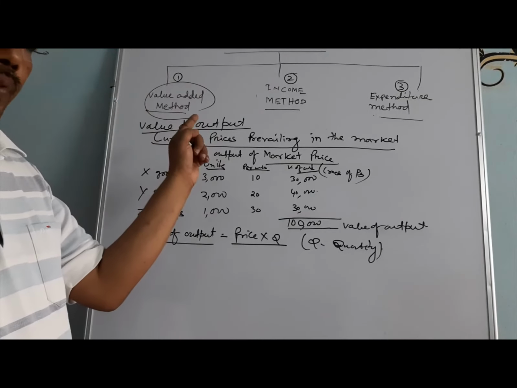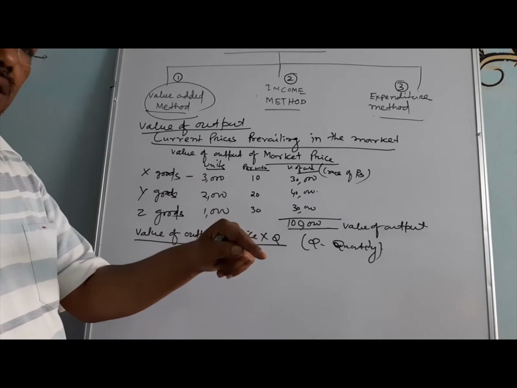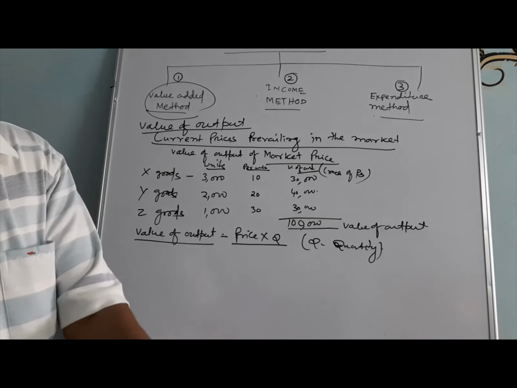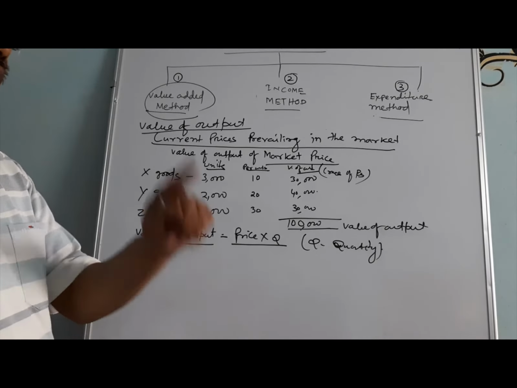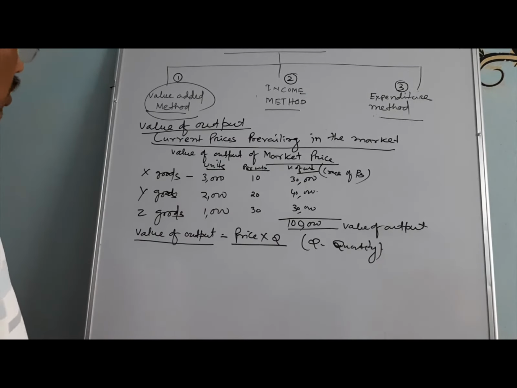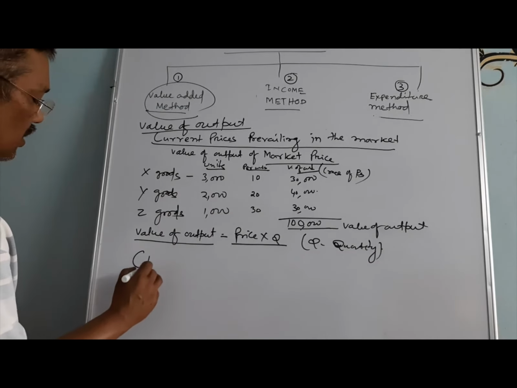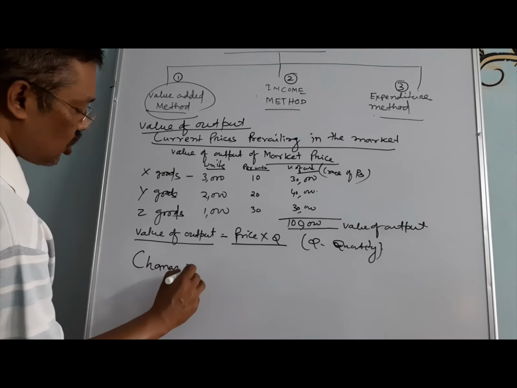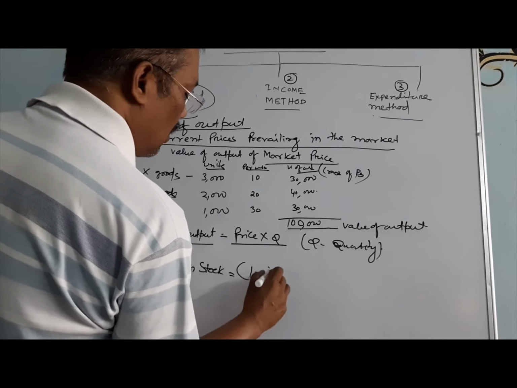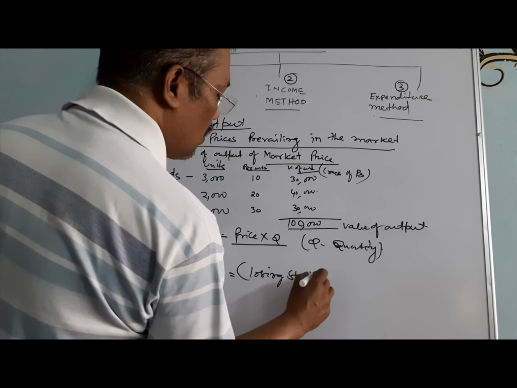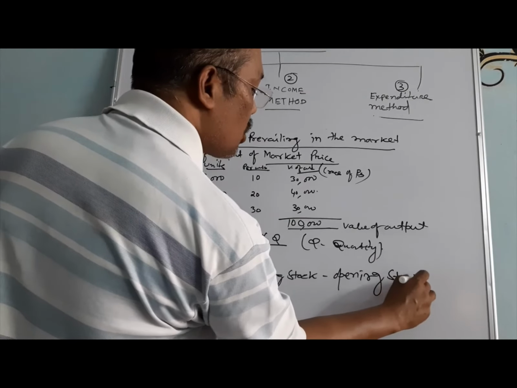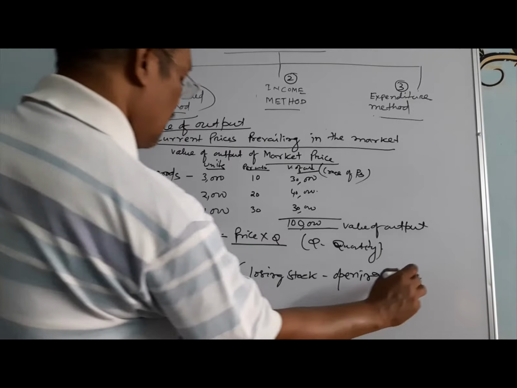Similarly, what remains unsold at the end of the year will be called the closing stock. So closing stock minus opening stock is to be called the change in stock. So remember it: change in stock equals closing stock minus opening stock.